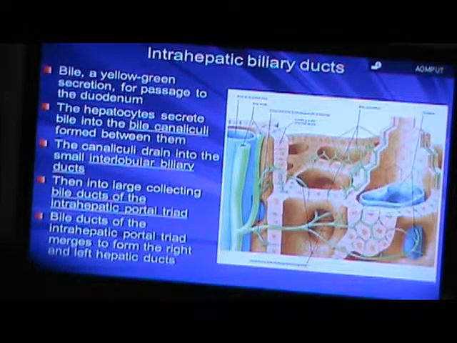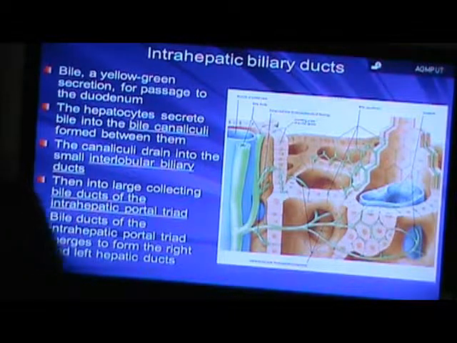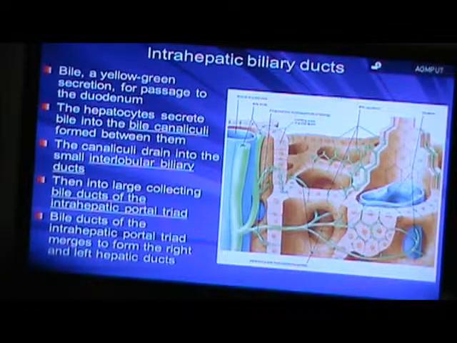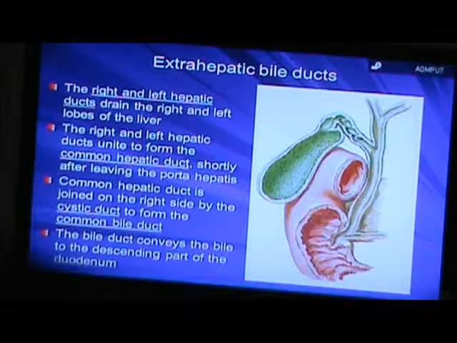Next, the bile ducts of the intrahepatic portal triad merge to form the right and left hepatic ducts, but these ducts are extrahepatic. So those were intrahepatic, and let's go to the extrahepatic.